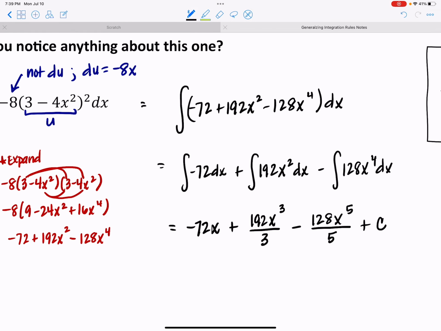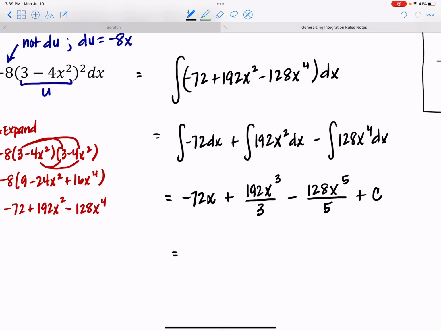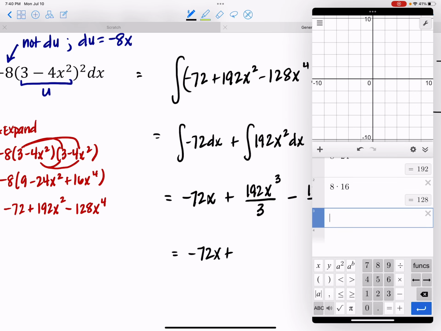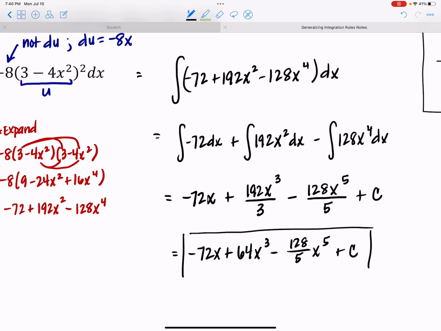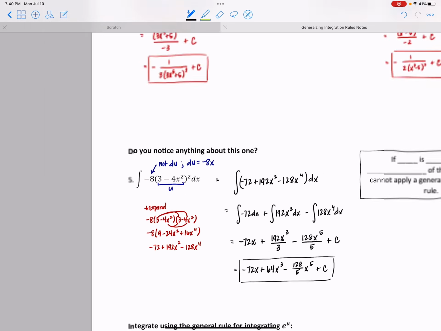All right, now I'm going to go one more because this actually simplifies. So we're looking at negative 72x plus, pretty sure, 192 divided by 3 is 64. So 64x cubed, and then this one obviously doesn't. So negative 128 fifths x to the fifth, and then plus c. And so this is the antiderivative of the function that we started with.